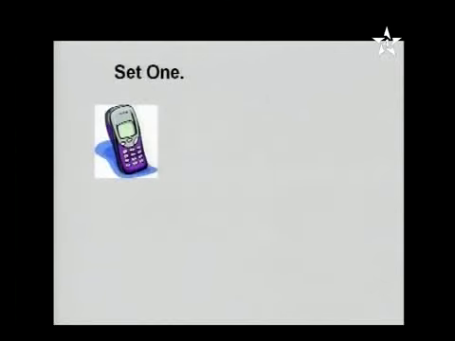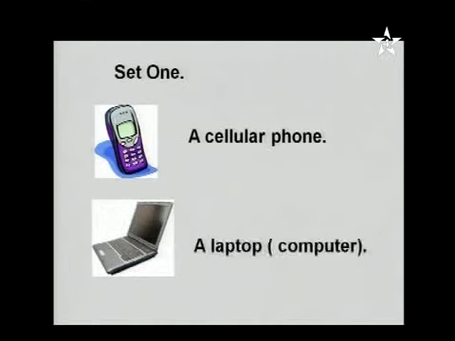Set 1. Okay, this is a cellular phone. Next is a laptop computer. Next one is a remote control.